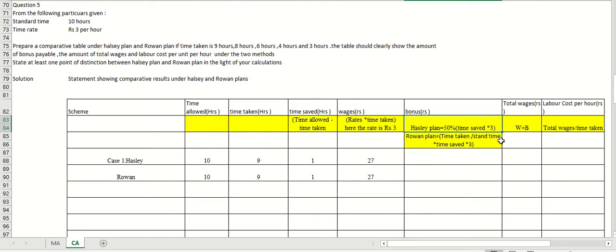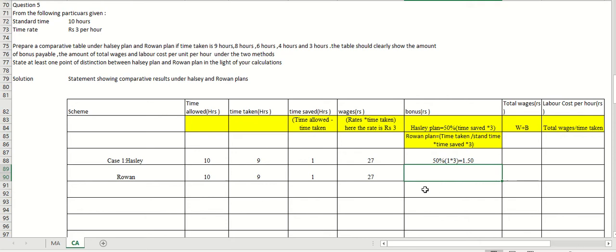So 50% into time saved, which is 1, into the rate per hour, which is ₹3. So you will get the amount to be 1.50. 3 into 50% is 1.50.